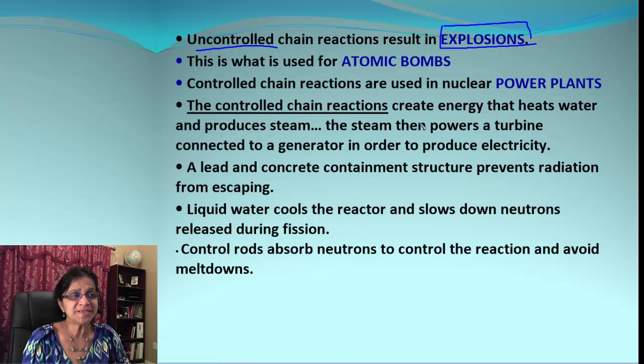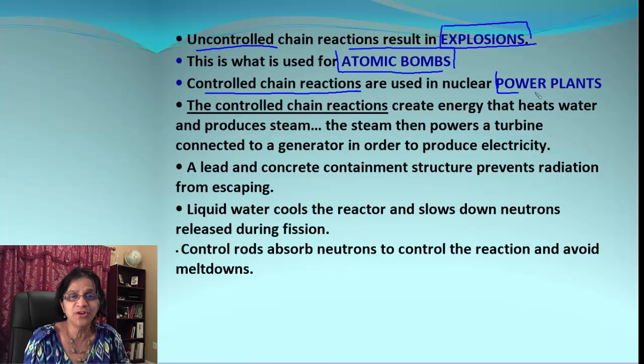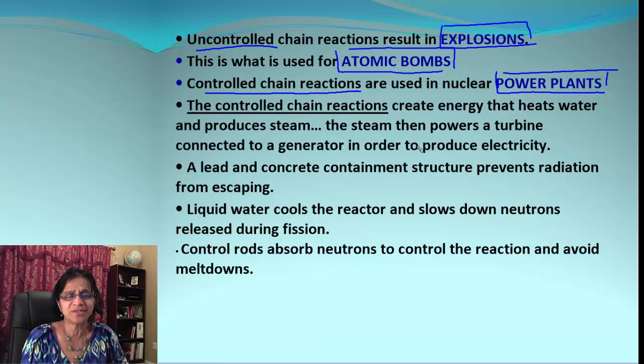And this principle is actually used in atomic bombs. Whereas the controlled chain reactions are extremely useful and they are used in nuclear power plants. This is one of the alternate sources of energy that we are considering. So, the controlled chain reactions, how do they work and how do they produce the energy?